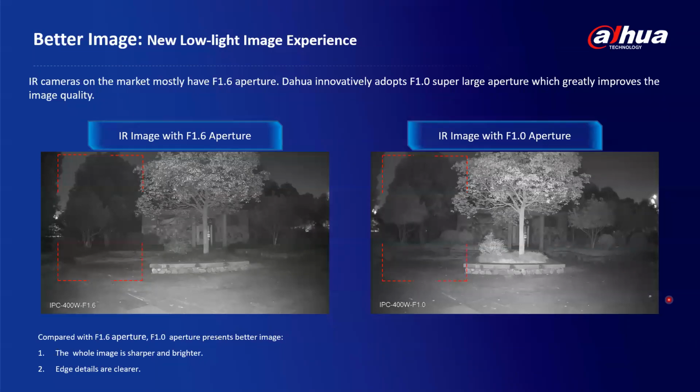Still on the better image, with that new low light image experience, we have some IR cameras on the market that mostly have a 1.6 aperture.